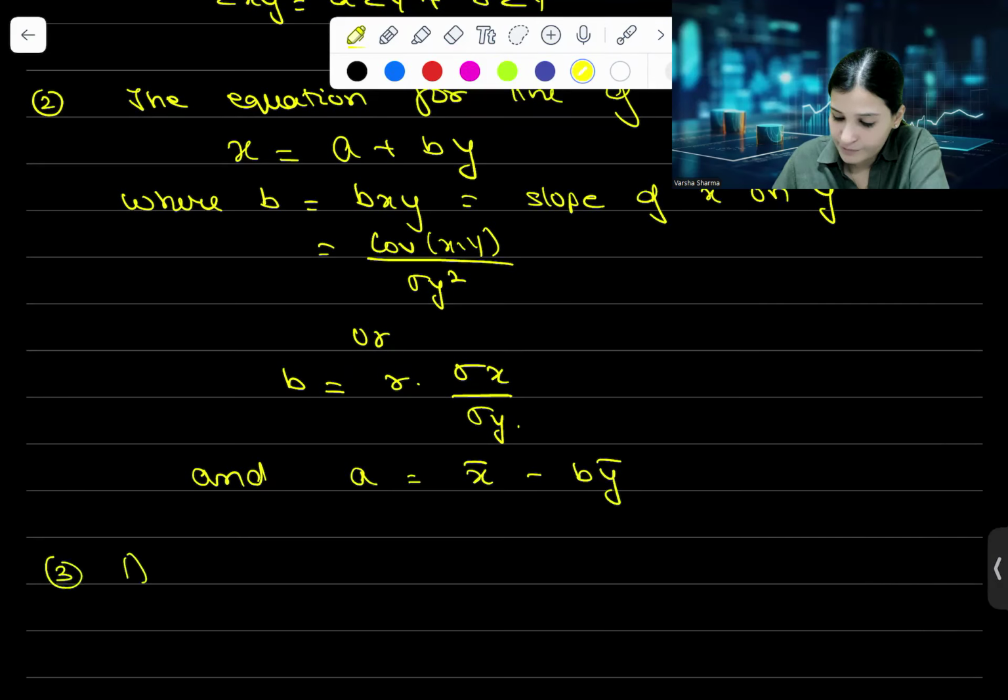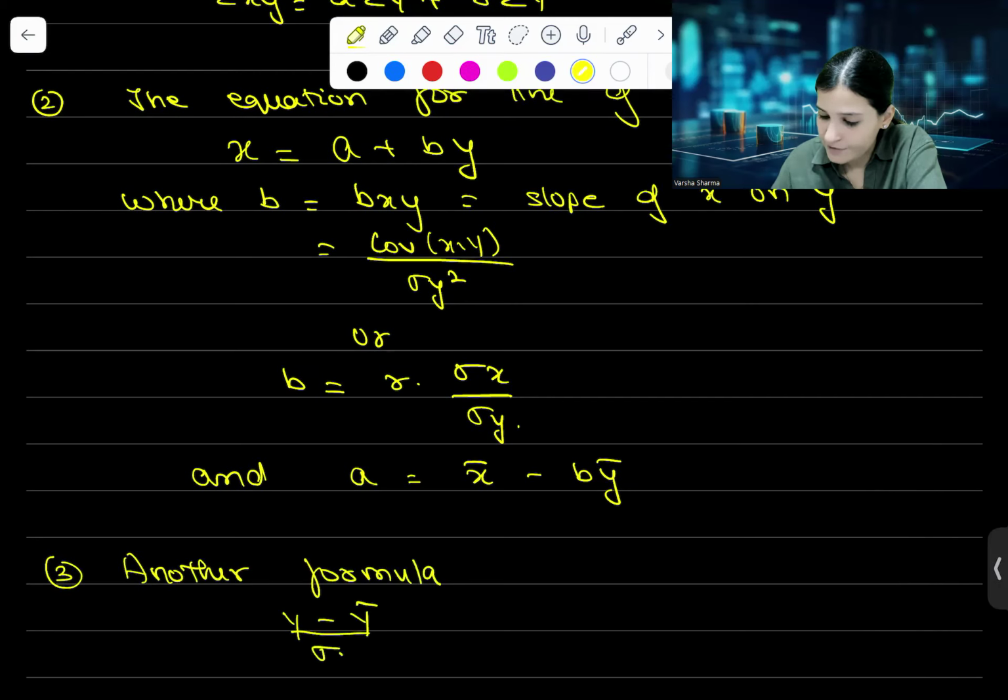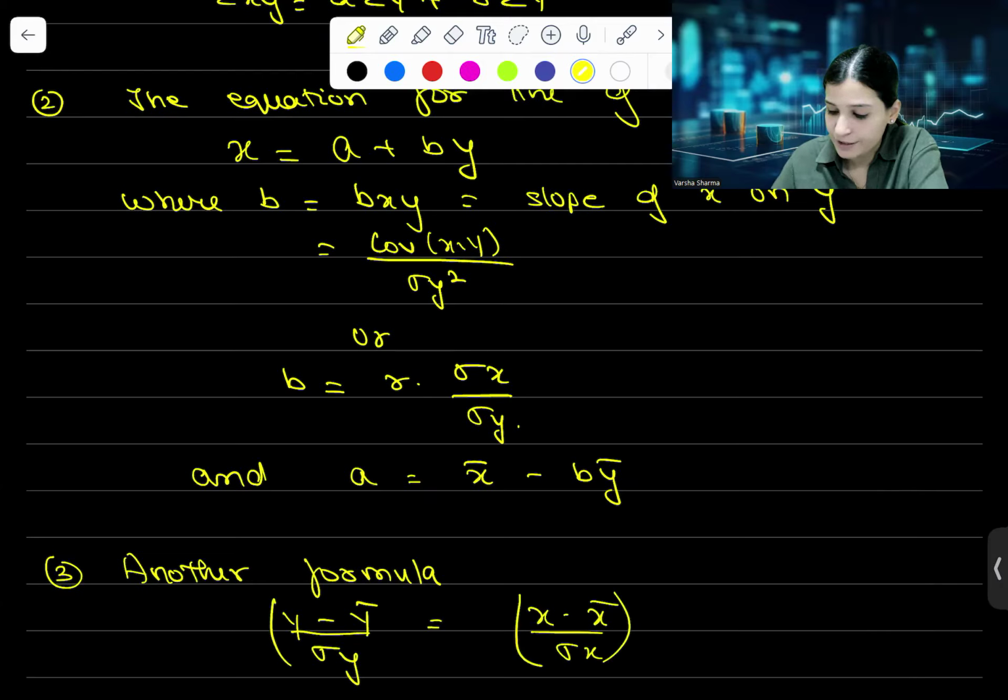Third, another formula: x minus x bar by standard deviation of x equals r times y minus y bar by standard deviation of y. You use r on the side of the independent variable. So y was written, so r comes this side. Is it done?